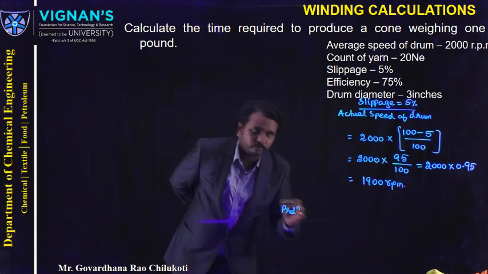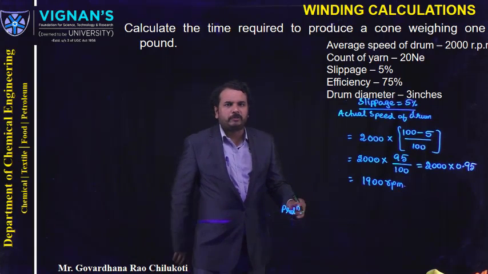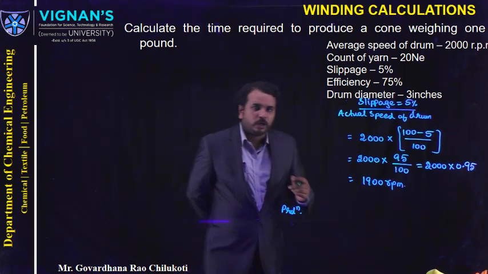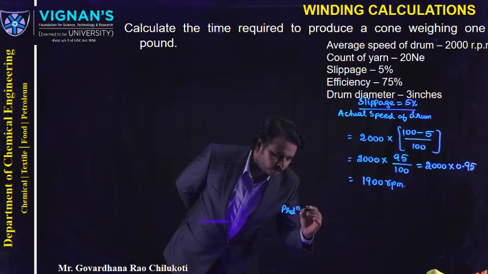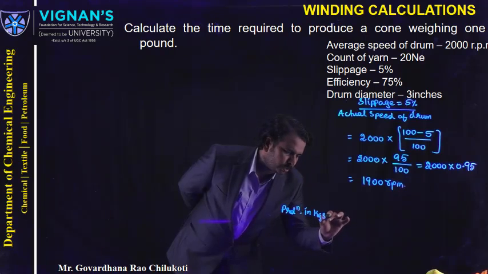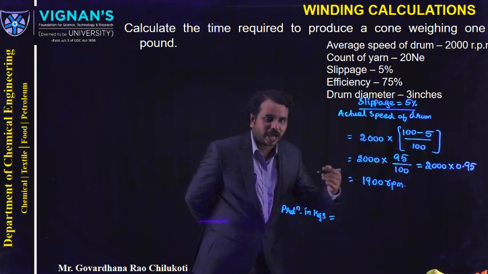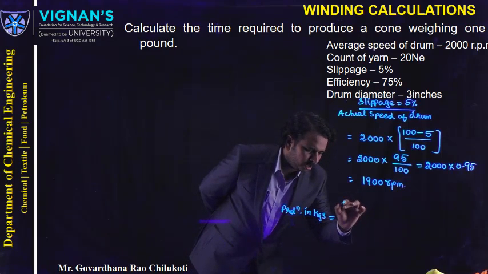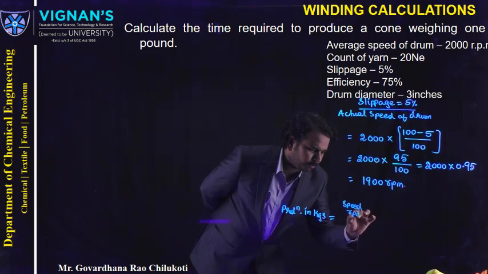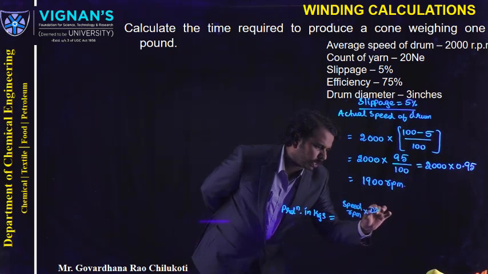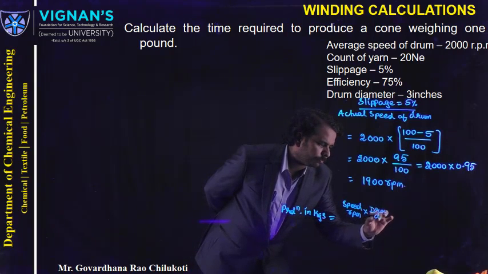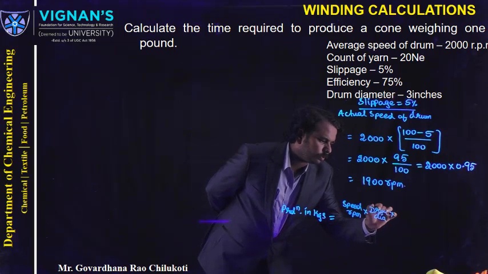So I am giving the normal formula to calculate production in kgs. Production in kgs is equal to, by considering the RPM only, speed in revolutions per minute into drum dia. This is in inches.